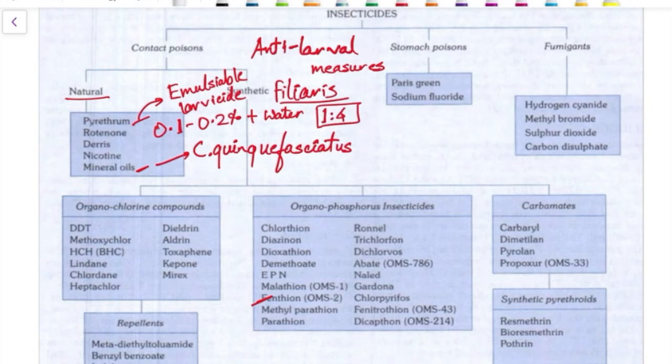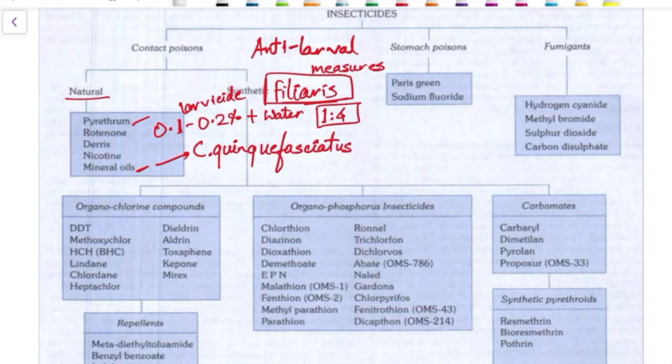And in filariasis, we will discuss organophosphorus larvicides. These are parathion, which I already discussed, and temephos, and these are applied in breeding places.